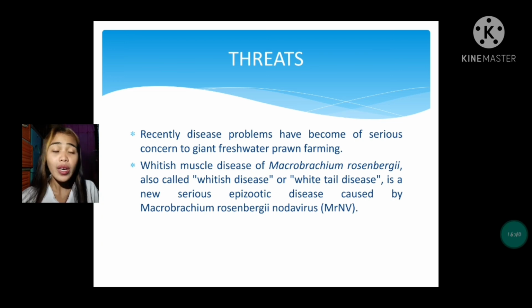Just as now there is COVID-19 or nCoV, in giant freshwater prawn there is MrNV, the Macrobrachium rosenbergii nodavirus. White muscle disease, or white tail disease, is a new serious epizootic disease caused by Macrobrachium rosenbergii nodavirus, MrNV. These are its threats and its diseases.